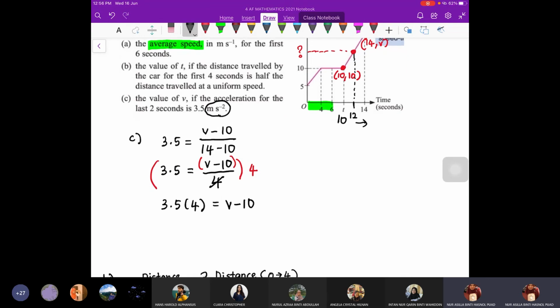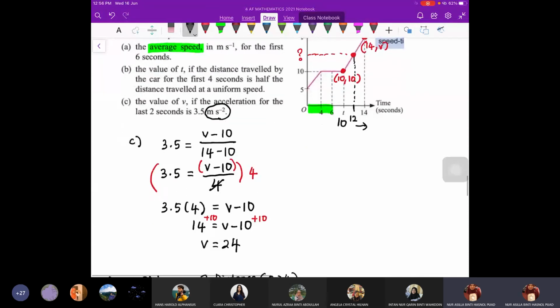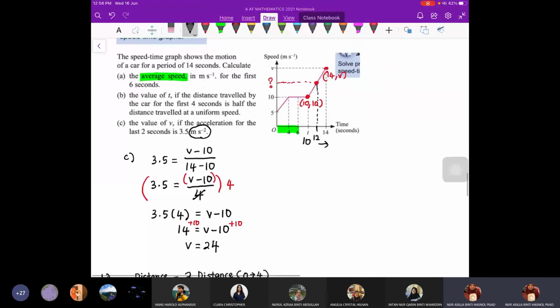Okay. So 3.5 times 4, 14. V minus 10. So kita plus 10, plus 10. So jadilah V equals to 24. Masuk akal? Yes. Okay. Settle.